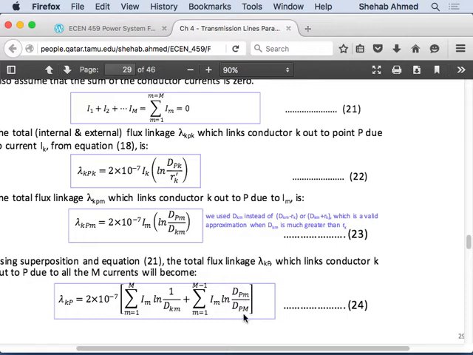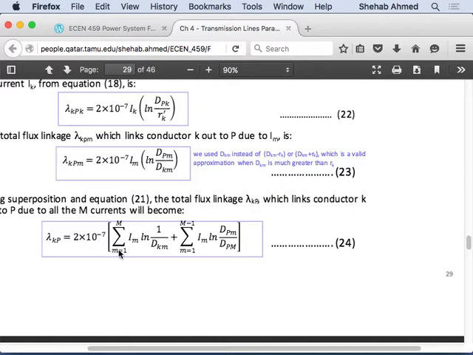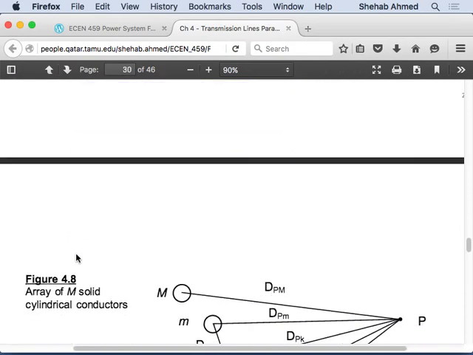So what is this ratio equal to, as a number? This is a very large number, and this is a very large number. So the ratio is equal to 1. Natural log of 1 is 0. So this term will cancel out, and you will end up with lambda kp equal to only the first term.